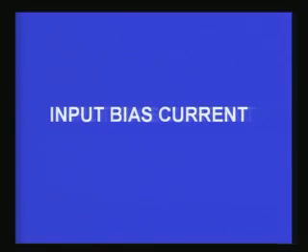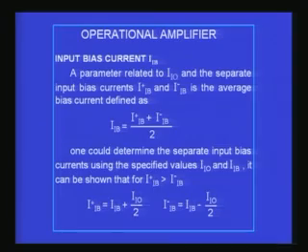Right, now we will move into the next stage and try to find out how to measure input bias current. It will be good to measure input bias current corresponding to the current flowing into the positive terminal and the negative terminal at the input. Right. Now, how do you define the input bias current IIB?